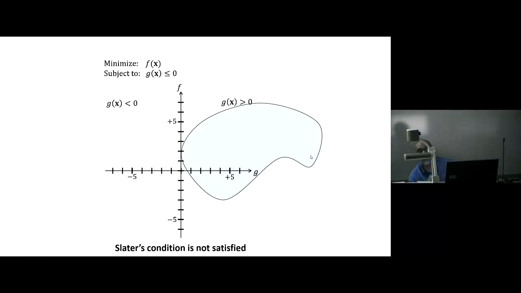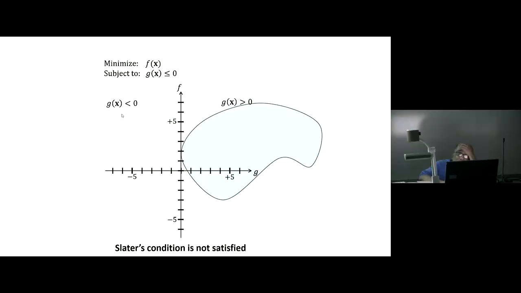Here, Slater's condition is not satisfied. This is the projection of all f and g for all x's. At best, we get g equals 0. We do not get a strictly feasible valid solution where g is less than 0.